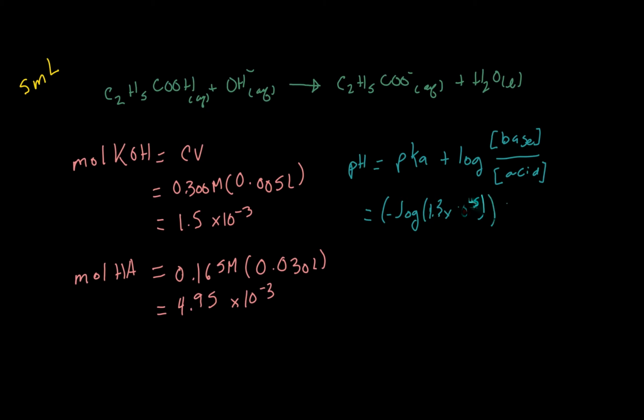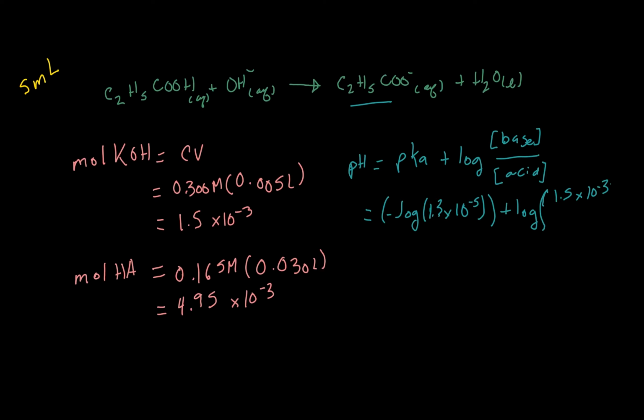That's going to give us that. And we're going to add on the log of. Now the way that we're going to get this is the moles of conjugate base, and that's going to be equal to the moles of potassium hydroxide. That's a 1-to-1 ratio. So we can plug 1.5 times 10 to the negative 3 in up here.